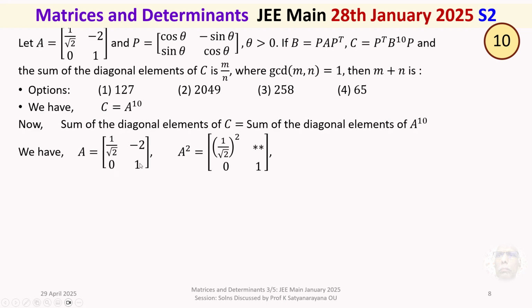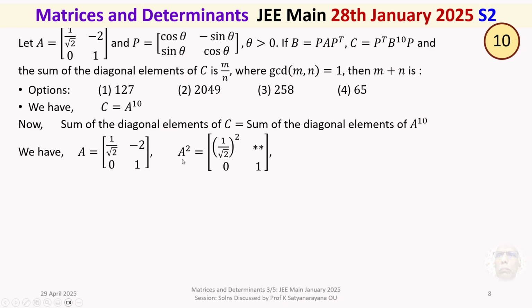And the second row multiplied by the first column is always 0. Now the first row multiplied by the second column, something comes, and the second row multiplied by the second column will always be 1.